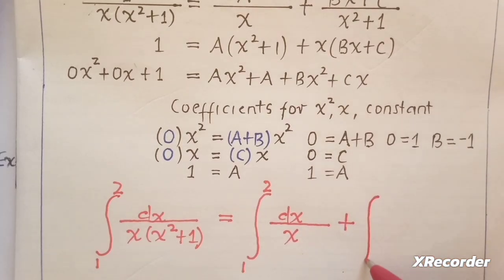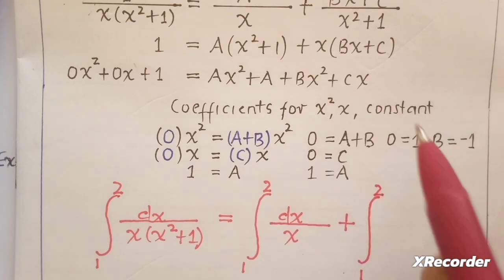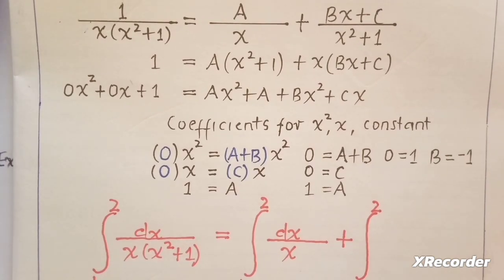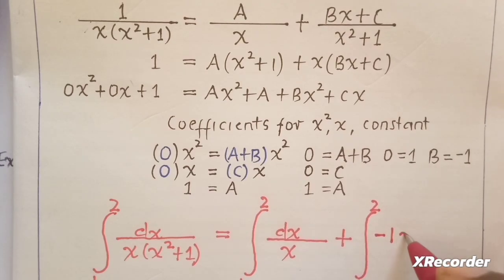The integral from 1 to 2 of bx. Now we can find the bx there. B is supposed to be -1, so -1 x.